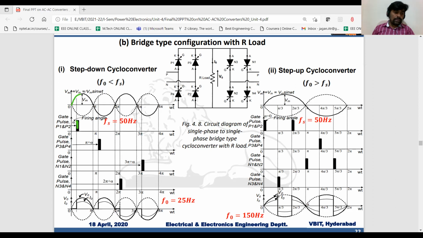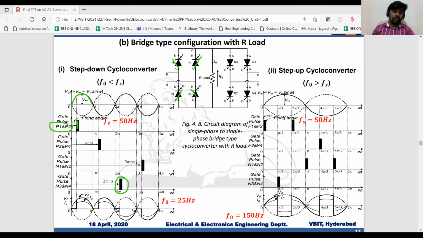During the positive half cycle from 0 to pi, P1, P2 will be in forward bias condition, whereas P3, P4 are in reverse bias condition. Similarly, during this positive half cycle, N3, N4 are also in forward bias condition, and N1, N2 will be in reverse bias condition.